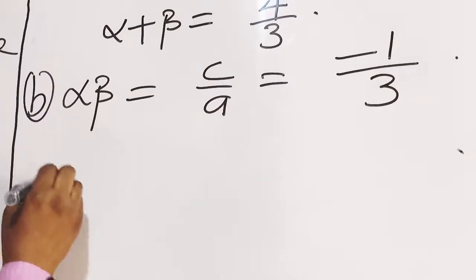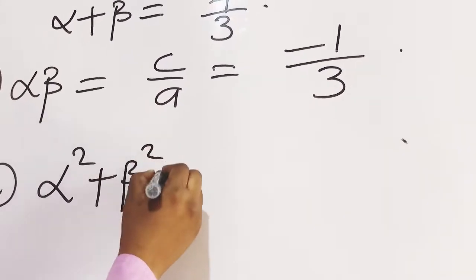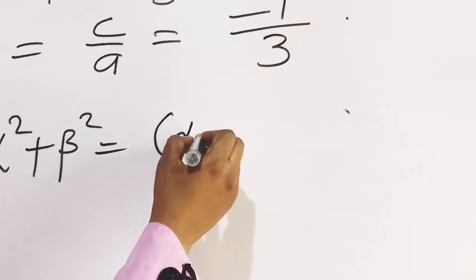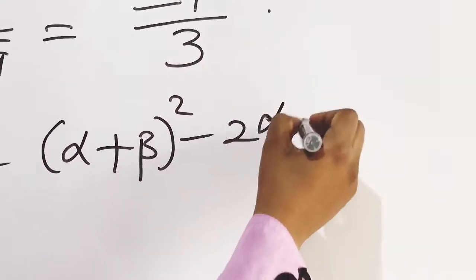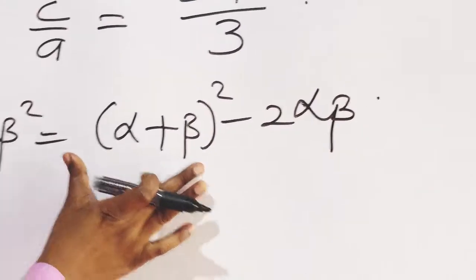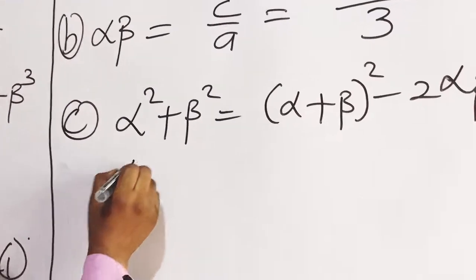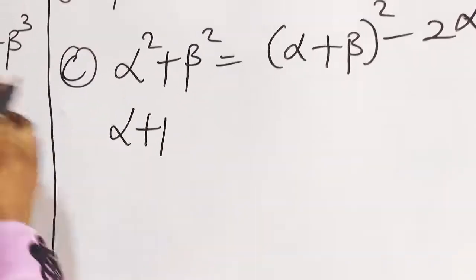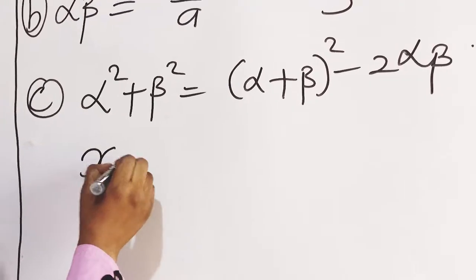So C: alpha squared plus beta squared is equal to alpha plus beta, everything squared, minus 2 alpha beta. Let me tell you how we got this. If you remember, let me use what you are familiar with, x plus y.